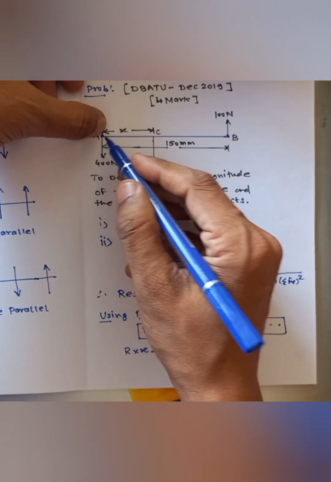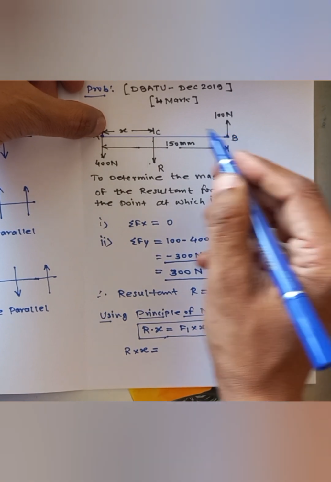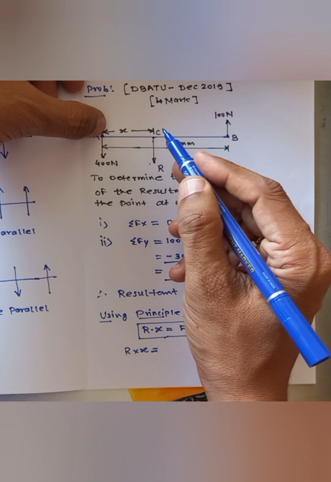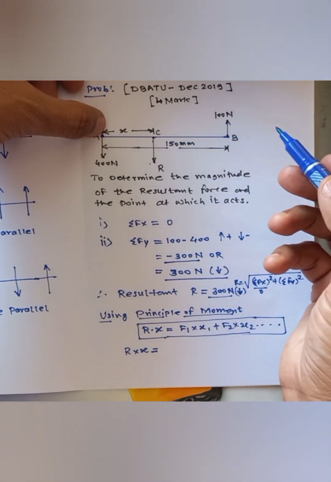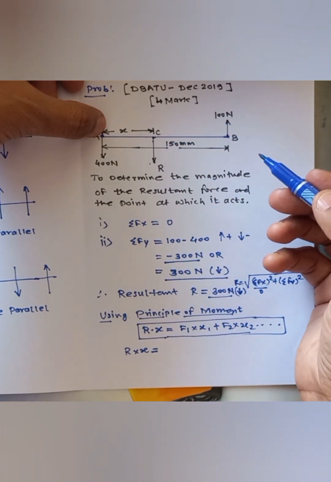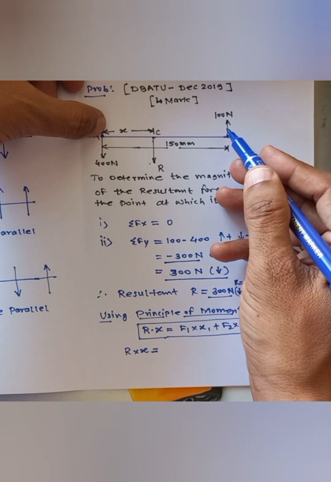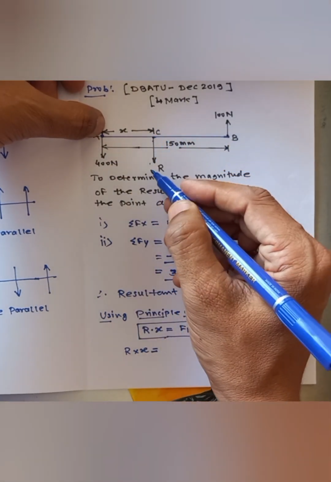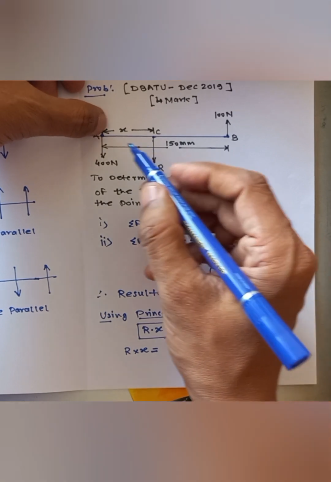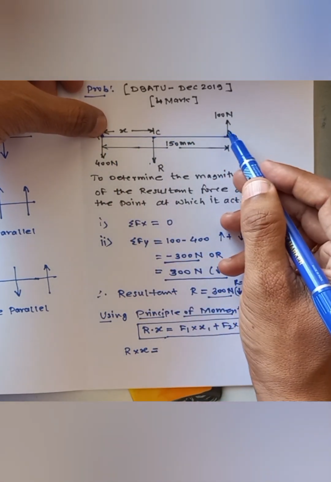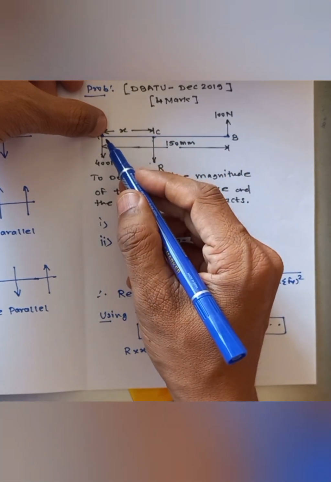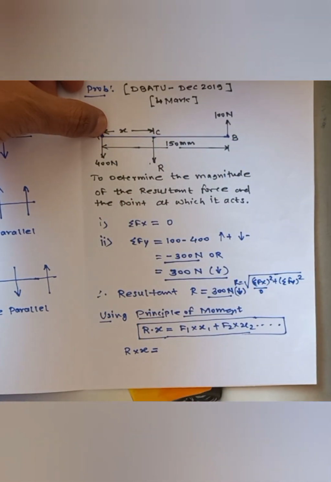It means we have to take the moment of 100 Newton force about A only, not about C. Many students make a mistake here, right? Follow the principle of moment. We have to take the moment of all the forces about the same point. Now the point about which we have taken the moment of resultant is A, so you have to take the moment of all other forces about A only. I hope it is clear.